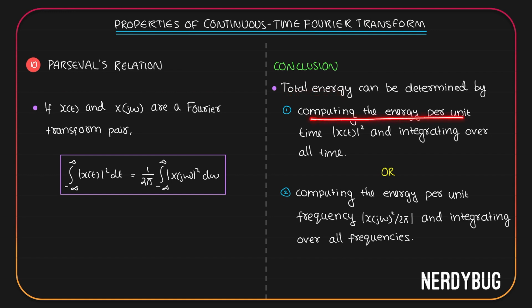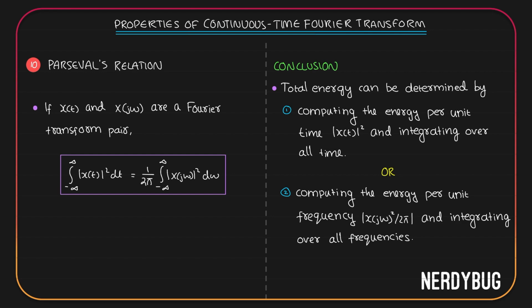One is by computing the energy per unit time, that is |x(t)|², and integrating over time, which is what we're doing on the left hand side. Or the other way is to compute the energy per unit frequency, that is |X(jω)|² divided by 2π, and integrate over all frequencies, which is what we have done on the right hand side.